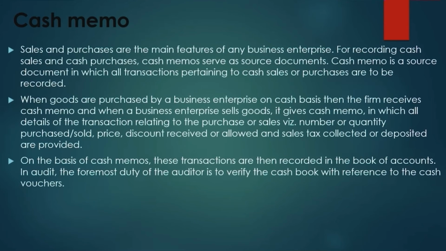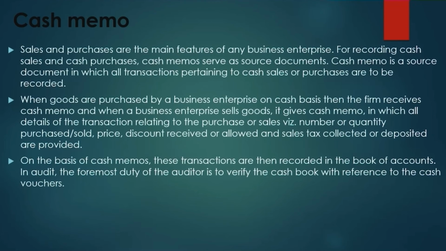Sales and purchase are the main features of any business enterprise. For recording cash sales and cash purchase, cash memos serve as source documents. Cash memo is a source document in which all transactions pertaining to cash sales or purchases are to be recorded.